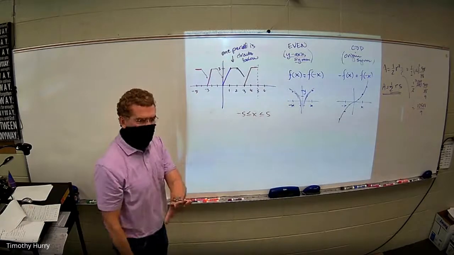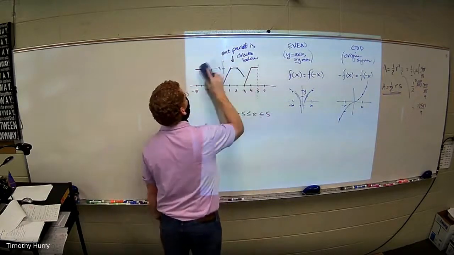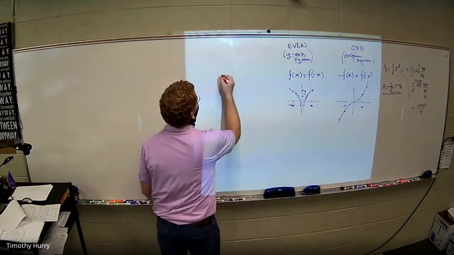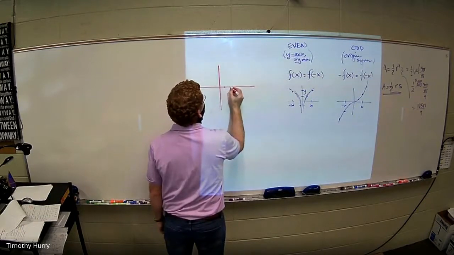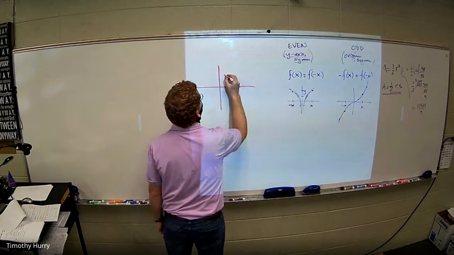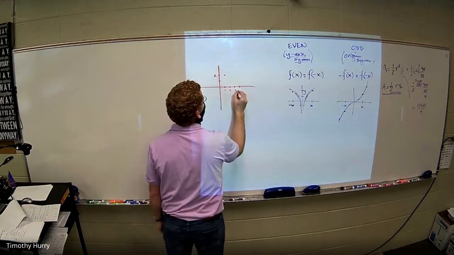So what if I did this then? What if I went back to this function and I drew this? That's 1, 2, 3, 4.